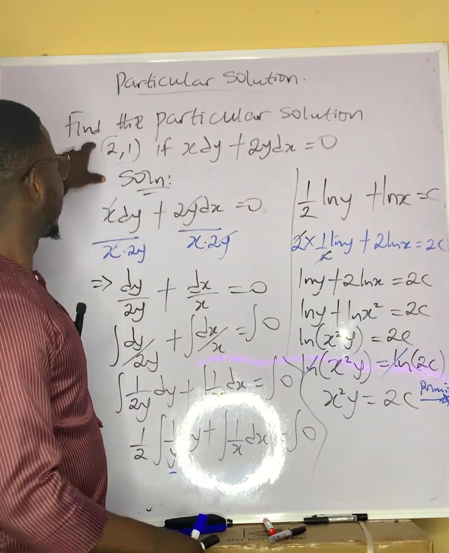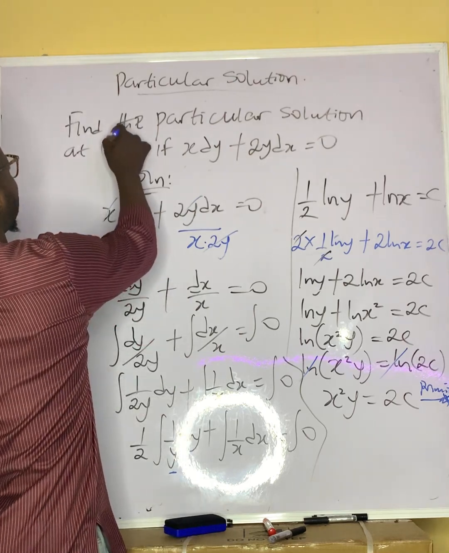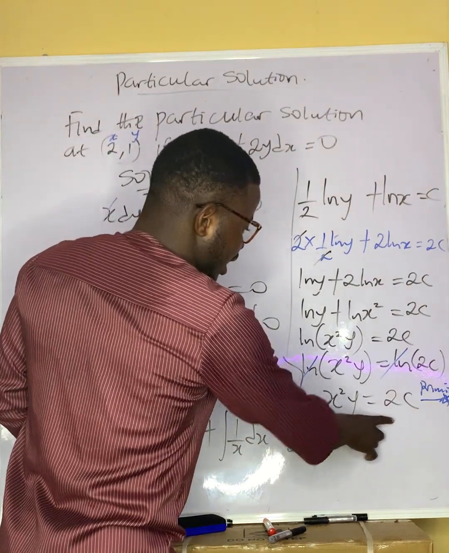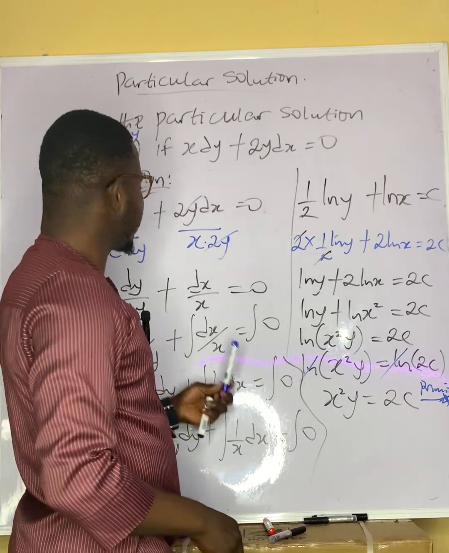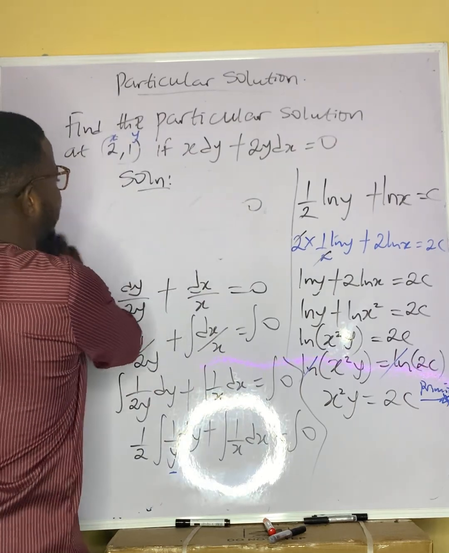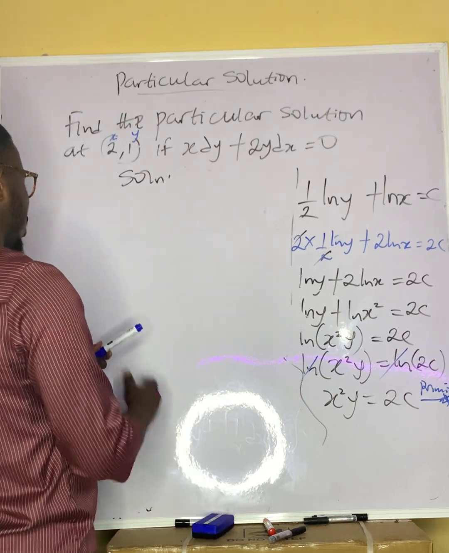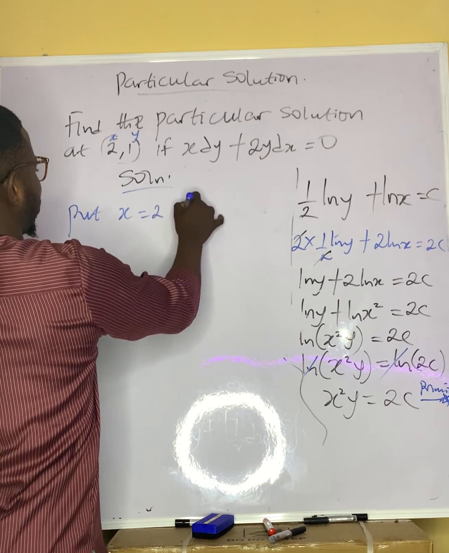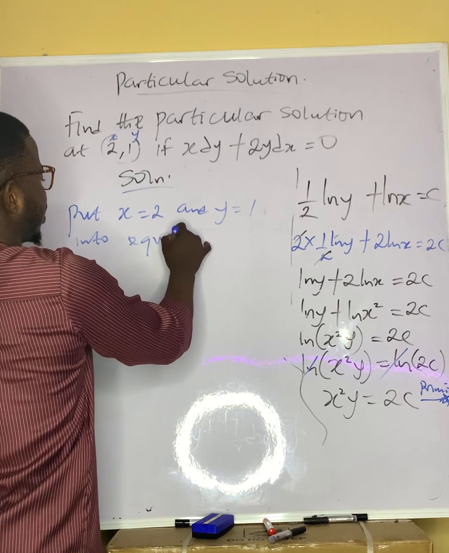So that will take us back to the question at point (2, 1). The first point given here is x, then the other one is y. So we'll go to the primitive, equation star. Wherever we see x, we'll substitute 2, and anywhere we see y, we'll put 1. So put x equal to 2 and y equal to 1 into equation star.